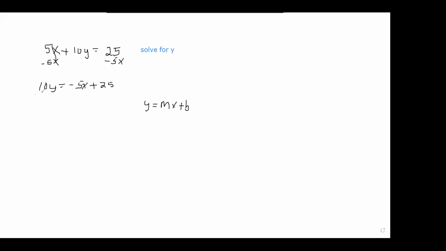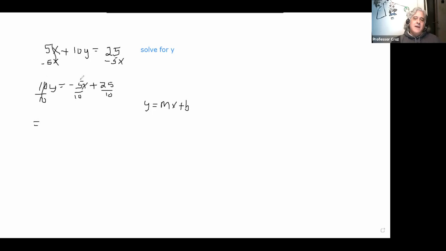You're going to have y equals negative 2x. That's not 2, I don't think. You're doing it upside down. 5 over 10 is, is it 1/5?